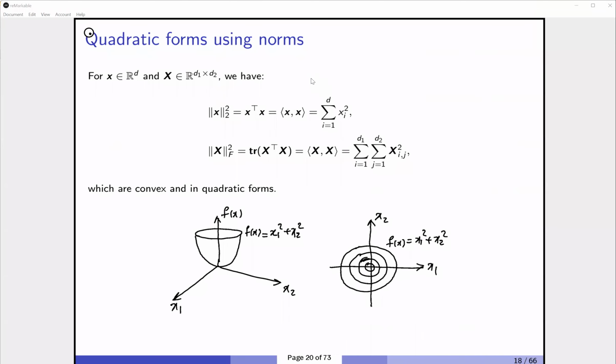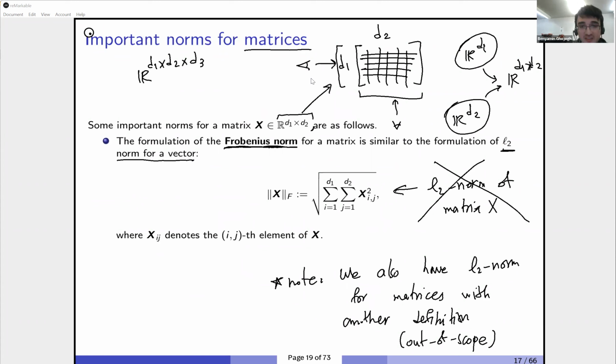So is the Frobenius norm just the L2 norm? No. The Frobenius norm for matrix X is similar to the format of the L2 norm for vector X. Do you see the similarity between these two?